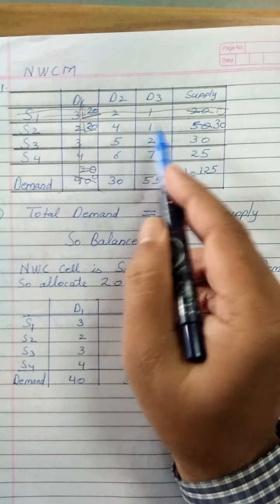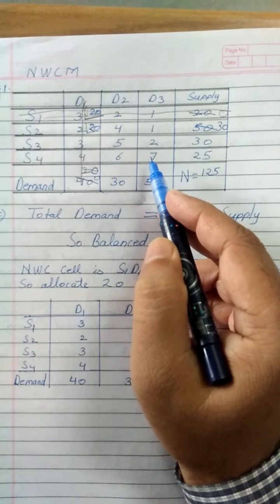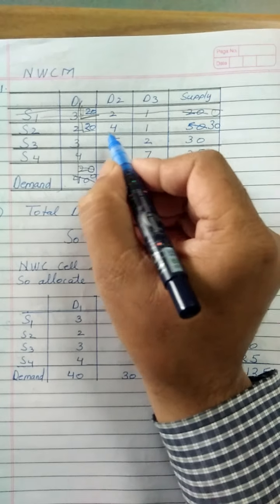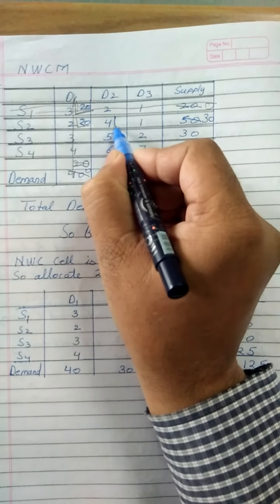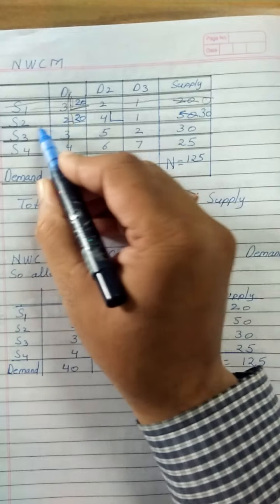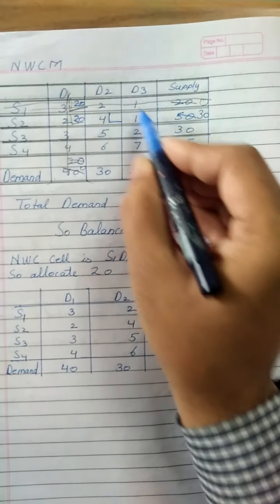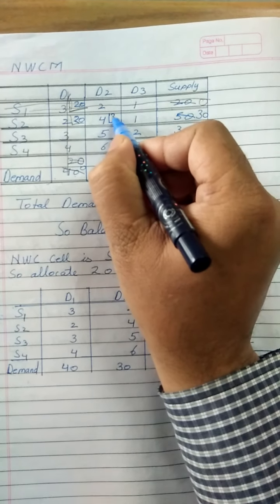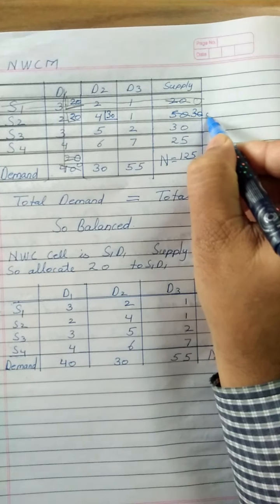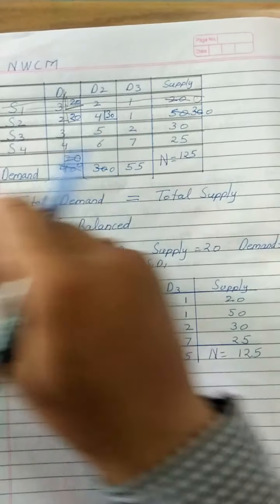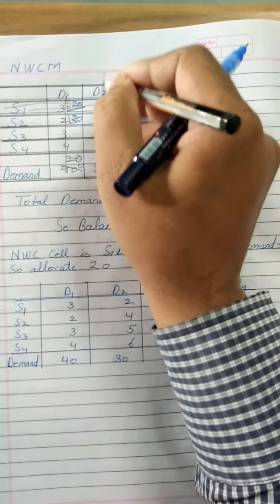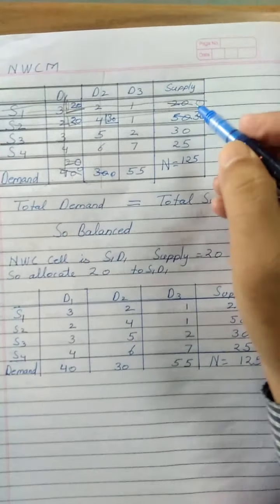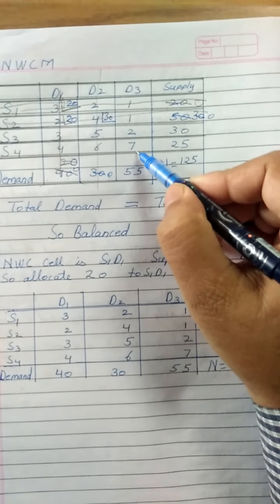Now we have these 6 cells, 4, 1, 5, 2, 6, 7. Again northwest, the top is 4 and 1, its west is this. So here we can do the allocation. How much? S2 can supply 30, D2 requires 30. So we can give 30, reduce this 30, reduce this 30. Both have become 0. Again cut this, cut S2. We are remaining with only 2 cells, that is 2 and 7.